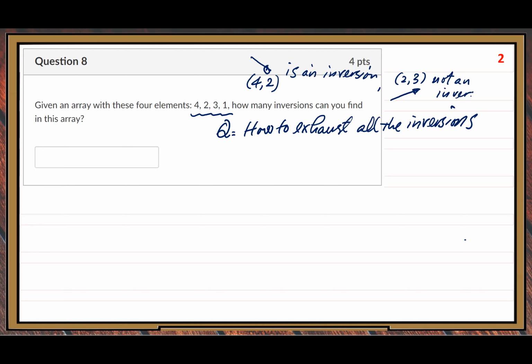Just before we start, I want to clarify, because I'm afraid some of the students still haven't gotten to this point. My main explanation is focused on how to do the counting to exhaust all the inversions.